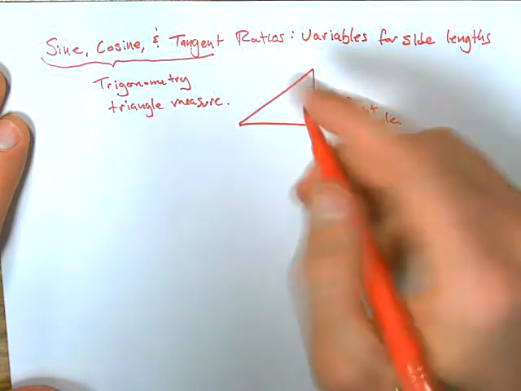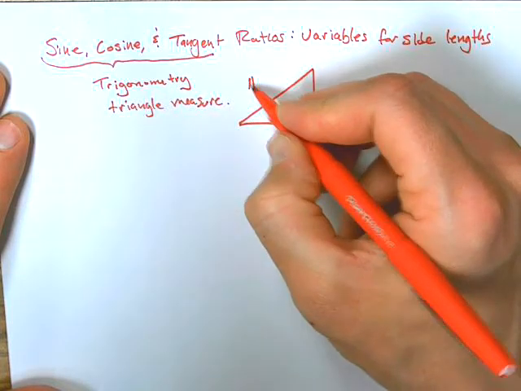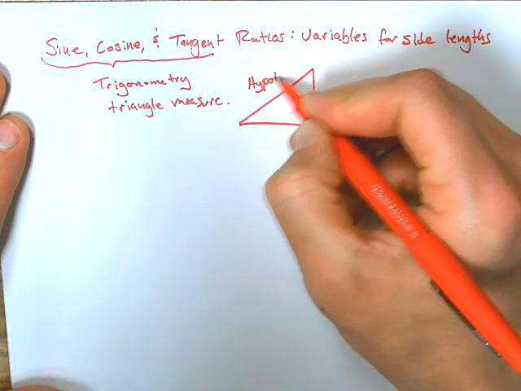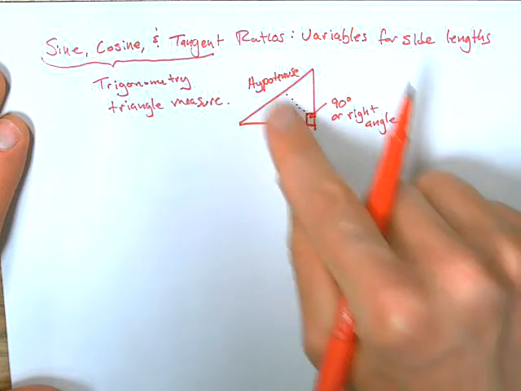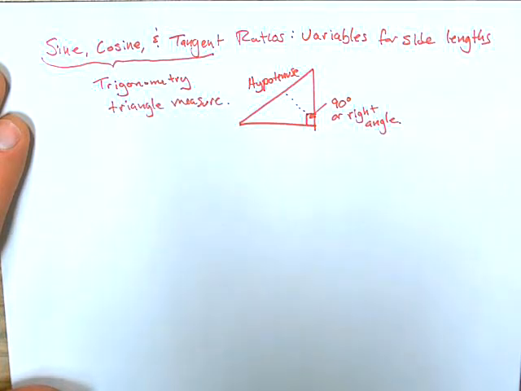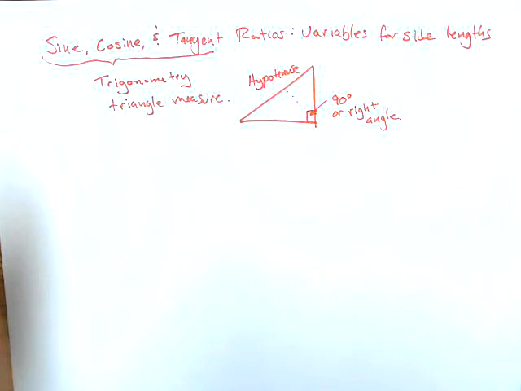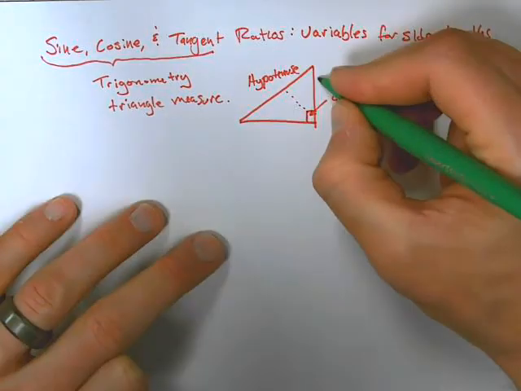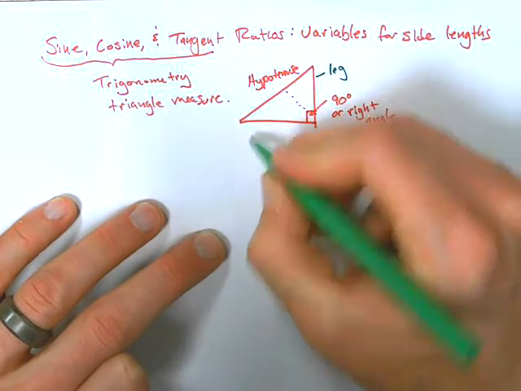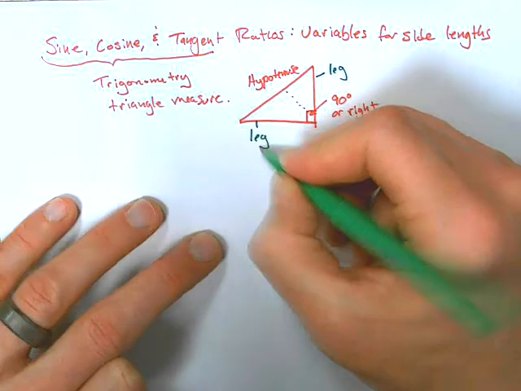Every right triangle has a hypotenuse that is always opposite of that 90-degree angle. It's the longest side of the right triangle. And then the other sides are called legs of a right triangle. So that is a leg of a right triangle, and that is a leg of a right triangle.